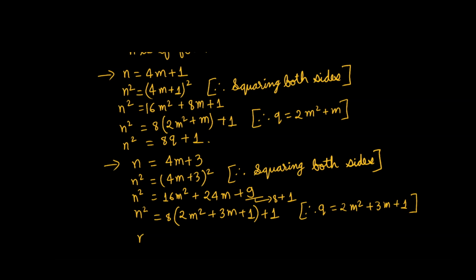So we can write n square is equal to 8q plus 1. So from this we can conclude that n square is of the form 8q plus 1. Here n is an odd positive integer.